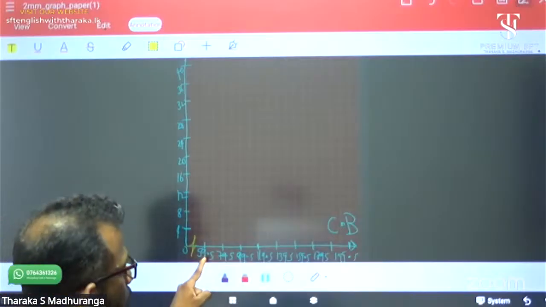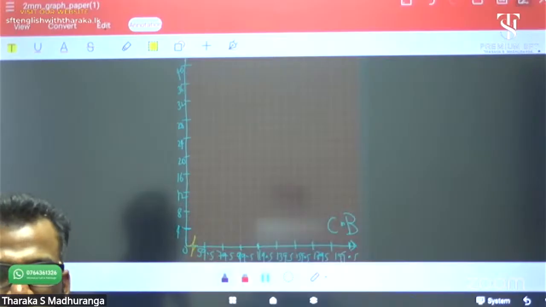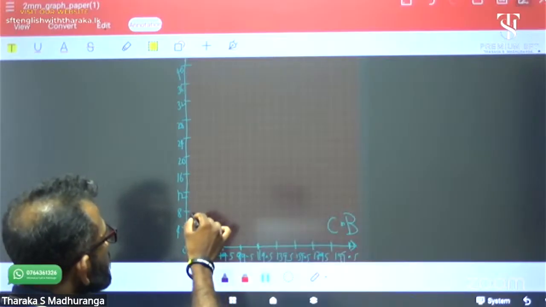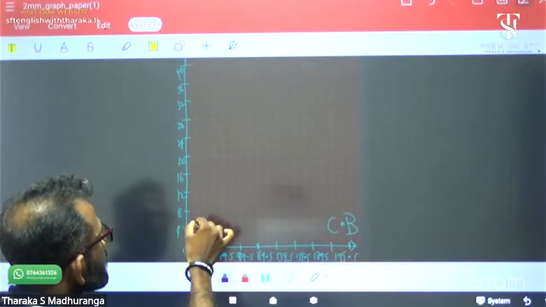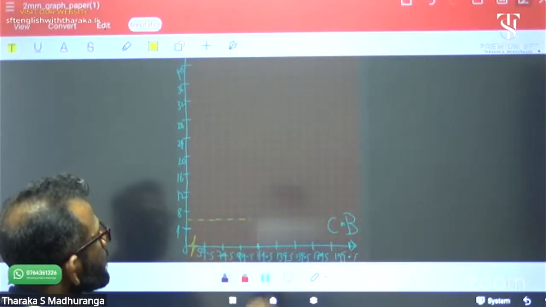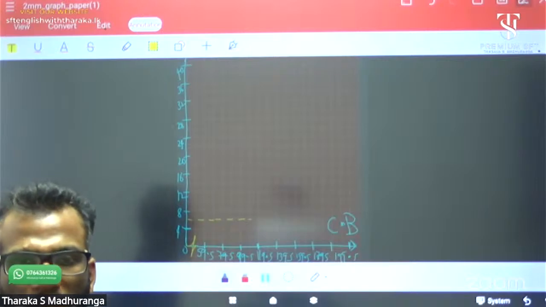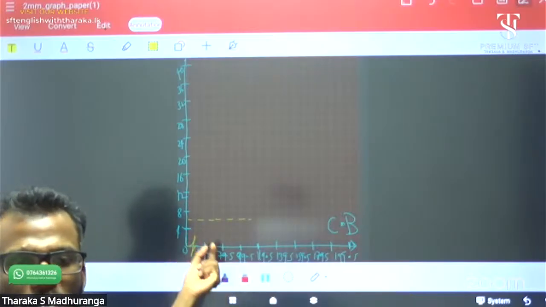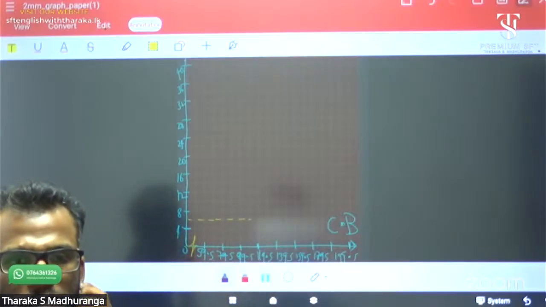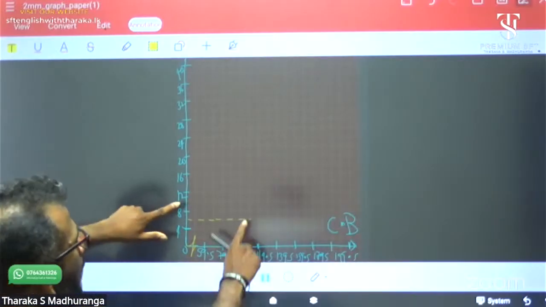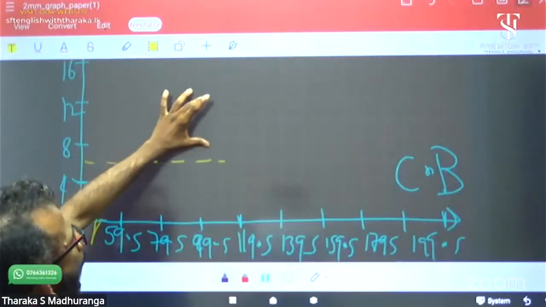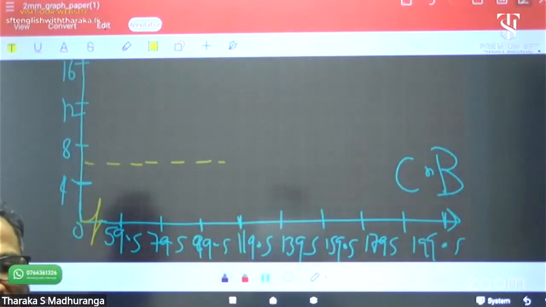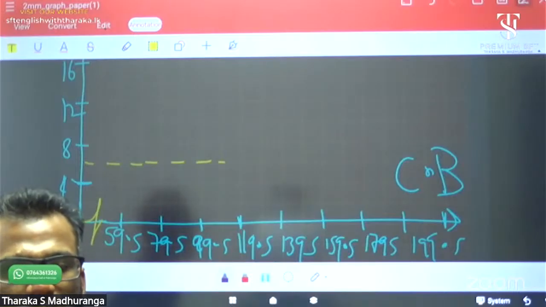On 59.5 or 79.5? Joel, on 59.5 or 79.5? Sarmia, Dihini?